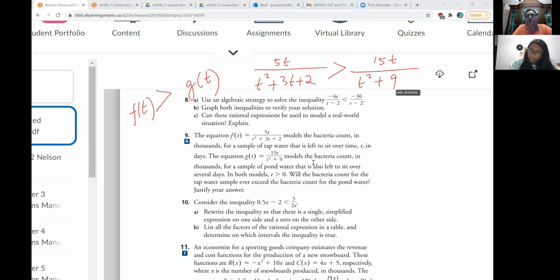So I think you can factor the left-hand side. It gives you 5t over t plus 2 times t plus 1. Bring this term to the left-hand side. It's an inequality, so we can bring it to the left-hand side. So we get 15t over t squared plus 9, and we want that to be greater than 0. Is that clear to you?